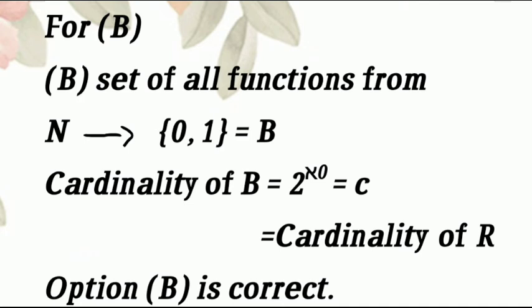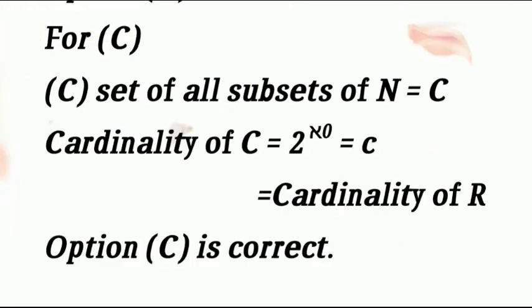Call this set B, and we are going to find the cardinality of B, and it will be the cardinality of the set {0, 1} to the power cardinality of N, and therefore we get the cardinality of B is equal to 2 raised to aleph naught, which is C. And here we get the cardinality of the set of all functions from N to {0, 1} is equal to the cardinality of R, and therefore it is bijective to R, and hence option B is correct.